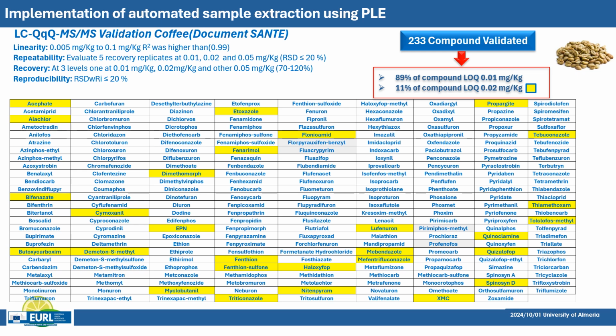The remaining 11% at 0.02 mg per kilogram is shown above in yellow.